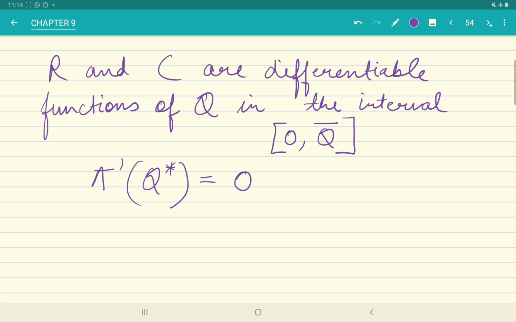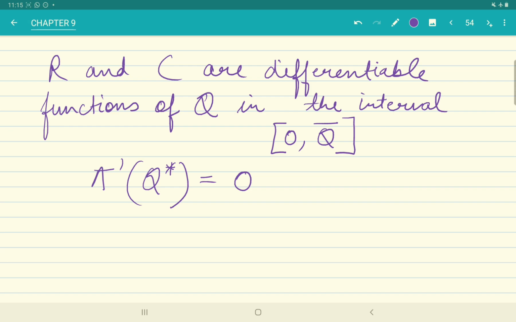But if that is not the case, that means the maximum value would occur at a point which is inside the interval 0 to q bar, and that maximum point, or that production level q star at which the profit function attains its maximum, would be characterized by the fact that the first derivative at that point, keeping in mind the fact that pi is differentiable, at that interior maximum point, would be equal to 0.